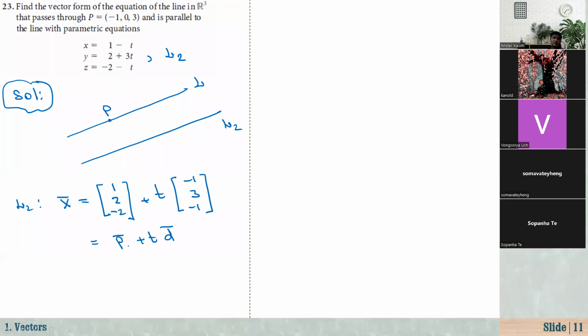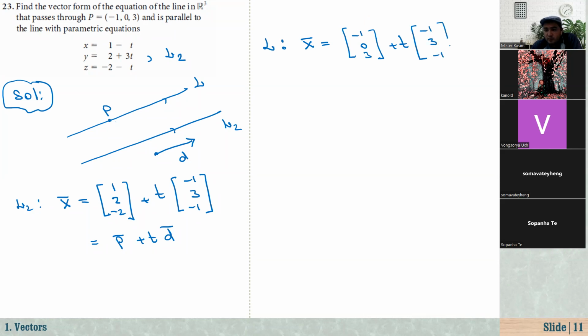To write the equation of a line parallel to this, the direction vector serves for both lines, since they are parallel. And a particular point is given. So the vector form of L will be x equals the particular point negative 1, 0, 3, plus t times d, where d is the direction vector negative 1, 3, negative 1.